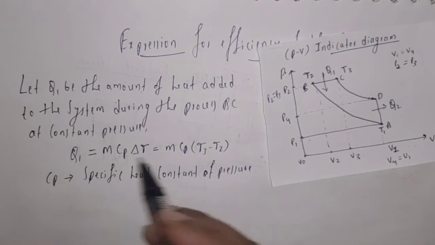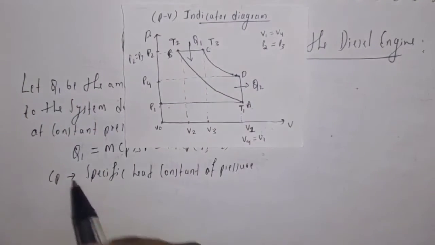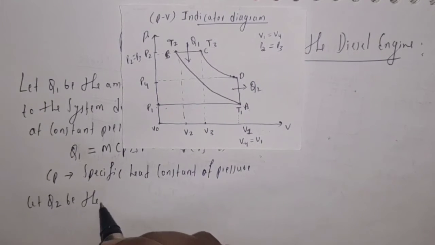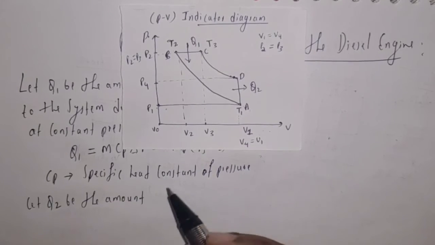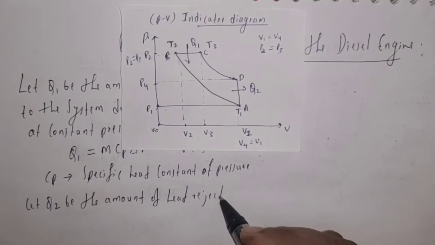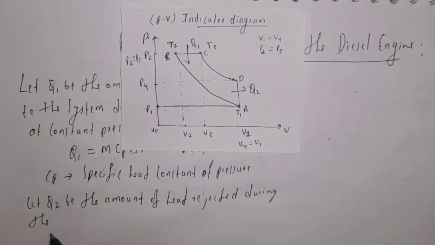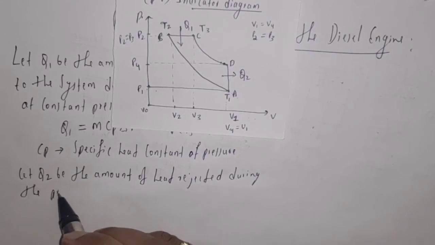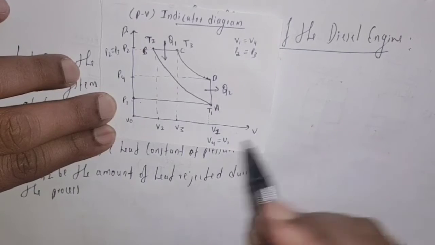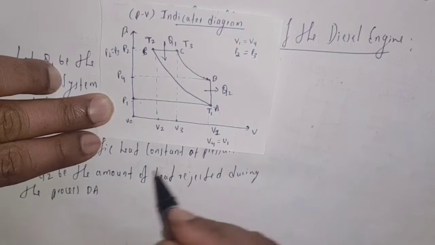Now let us write the equation for the amount of heat rejected by the system, that is Q2. Let Q2 be the amount of heat rejected during the process DA at constant volume.